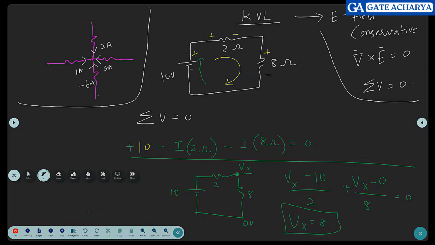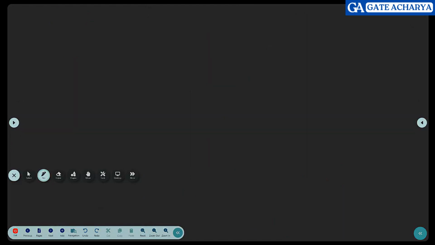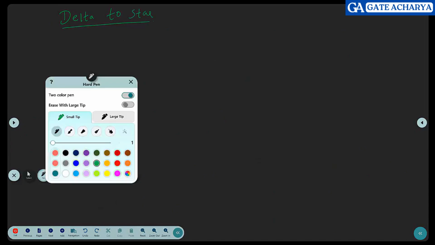The one thing we should be talking about is something called star delta. You all know it. Nothing great. Some basic math stuff. Delta to star, and then I'll do star to delta. A very useful tool.